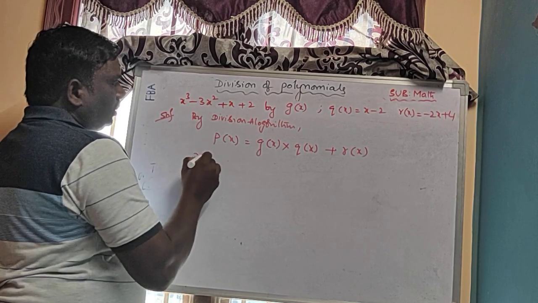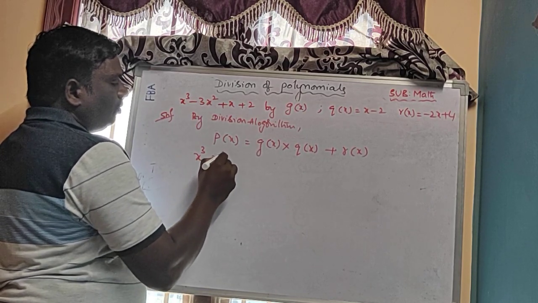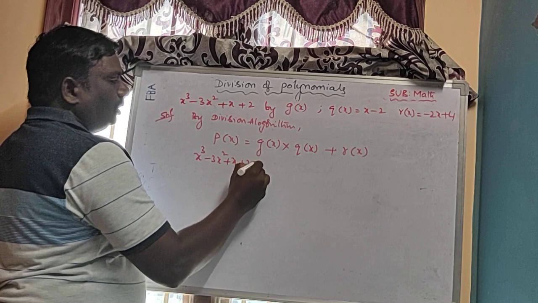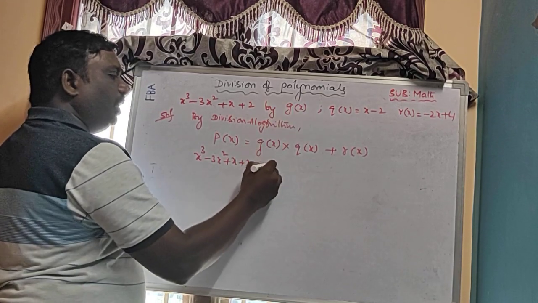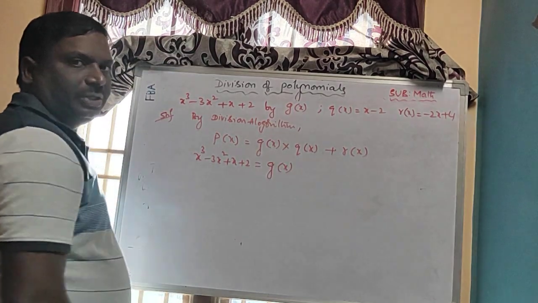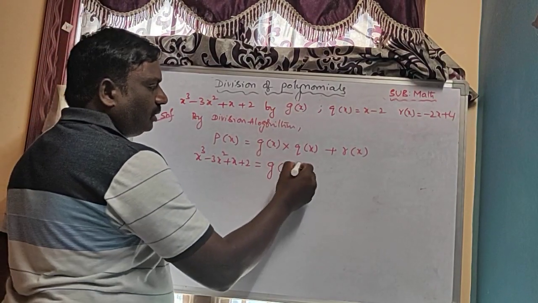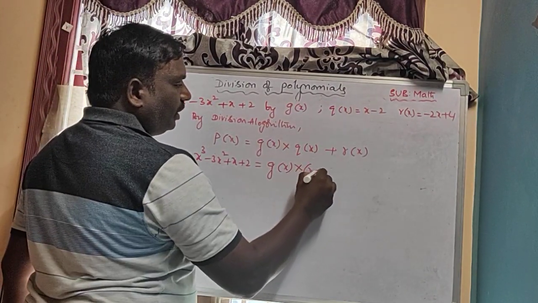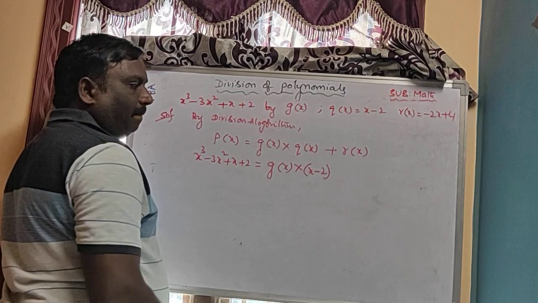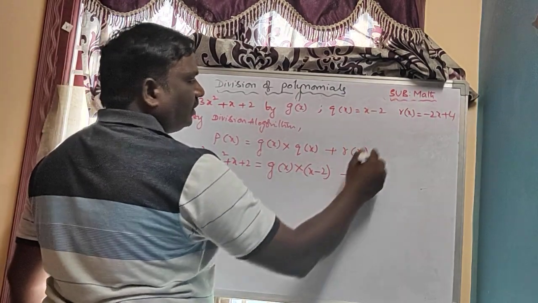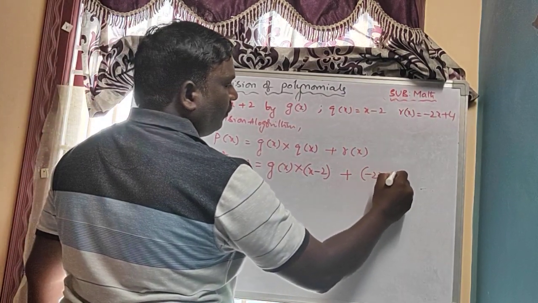This one, x cube minus 3x square plus x plus 2 equal to, what is g of x? We have to find it, so as it is g of x. What is the q of x? Q of x is x minus 2, plus r of x. R of x is minus 2x plus 4.